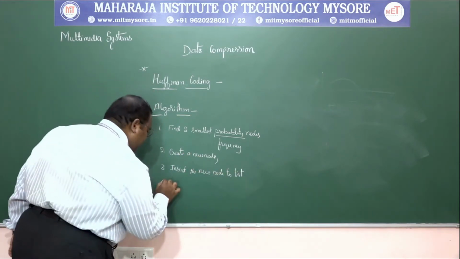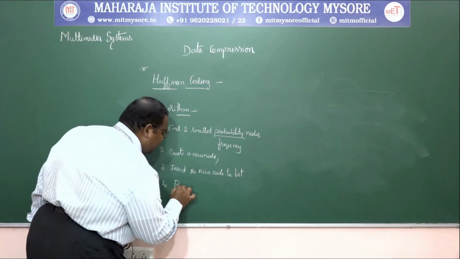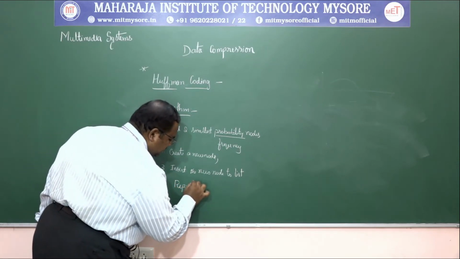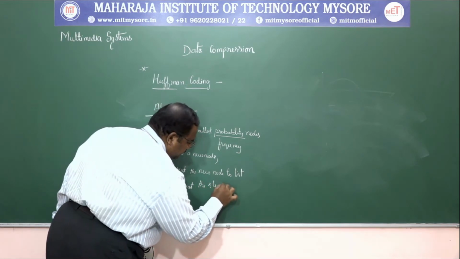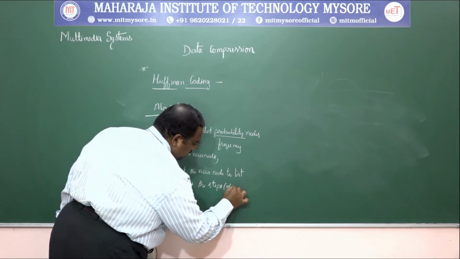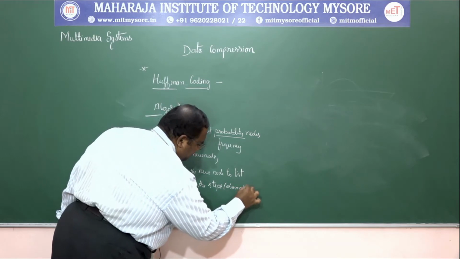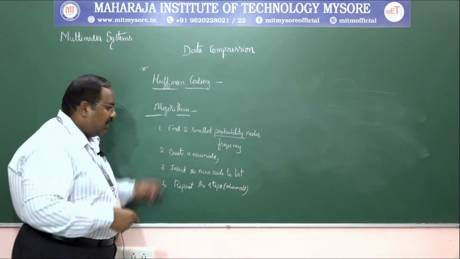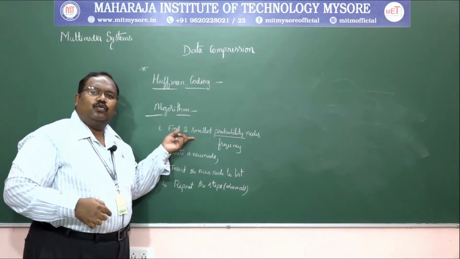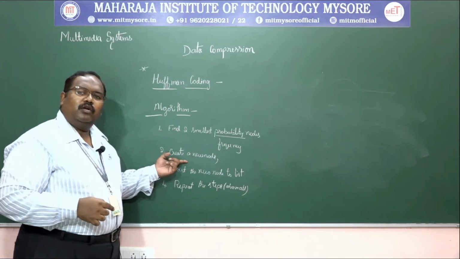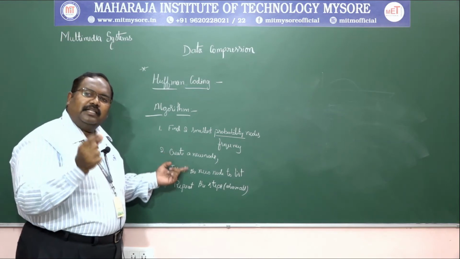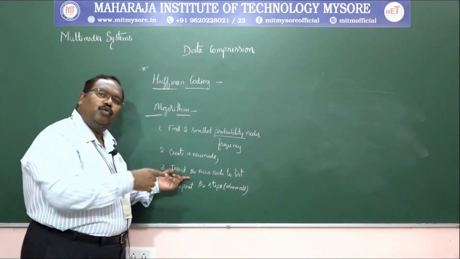What do we do here? Again, we repeat the step. We again find the next two smallest nodes in the new set, create one more node with the two smallest values, and insert that node into the list again.